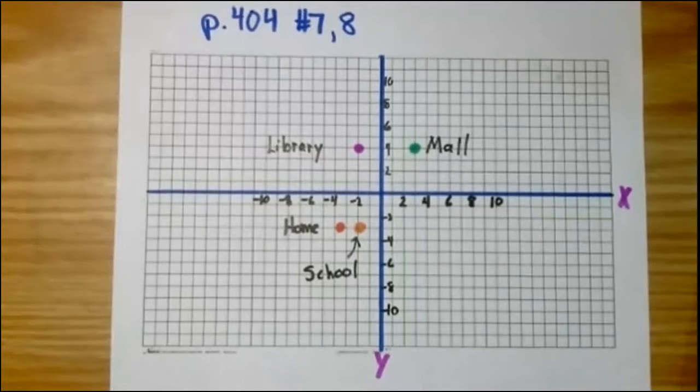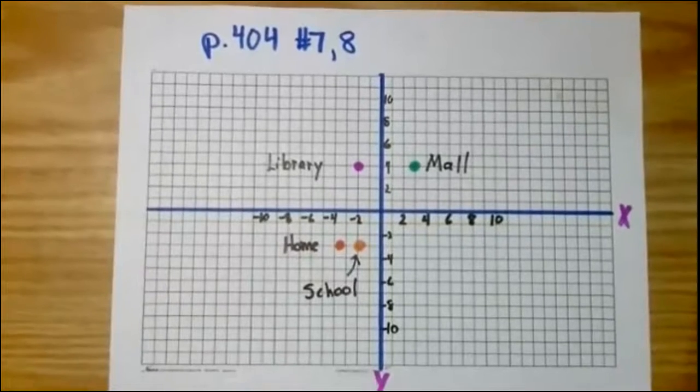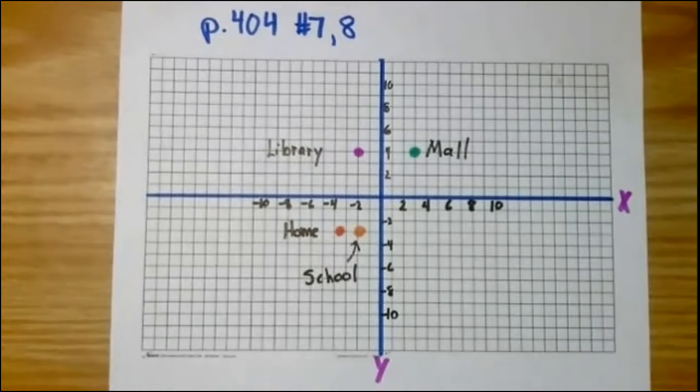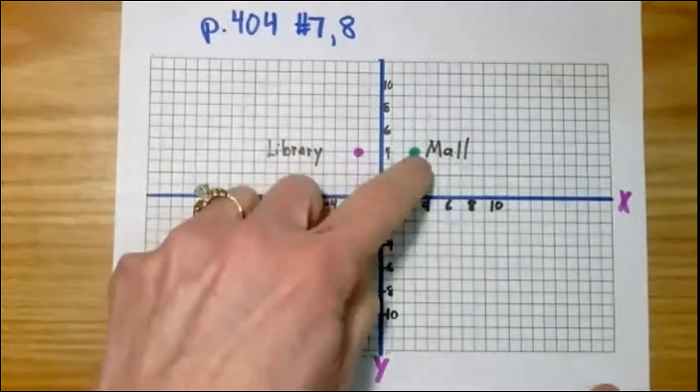Okay, this is the same page, 404, number 7 and number 8. I've drawn this out for you. The question for number 7 says, Yoko walks from the library to the mall. How many city blocks does she walk? It says the grid on the map represents 1 city block. So each line is 1 city block, and she has to go from the library to the mall.